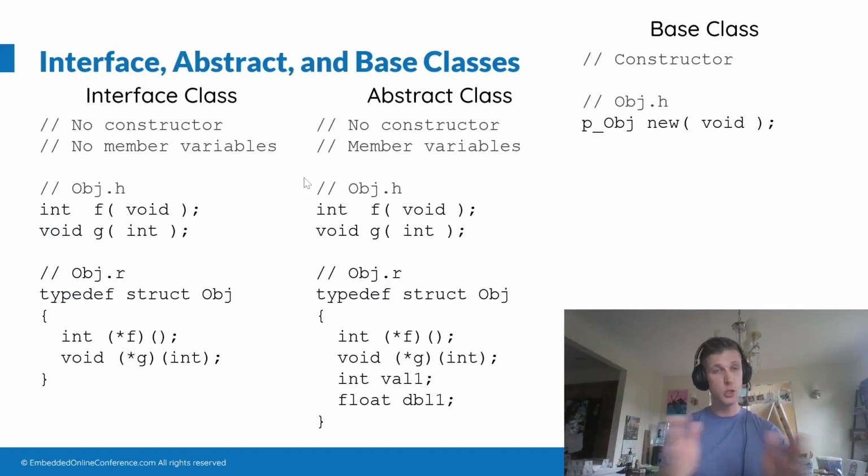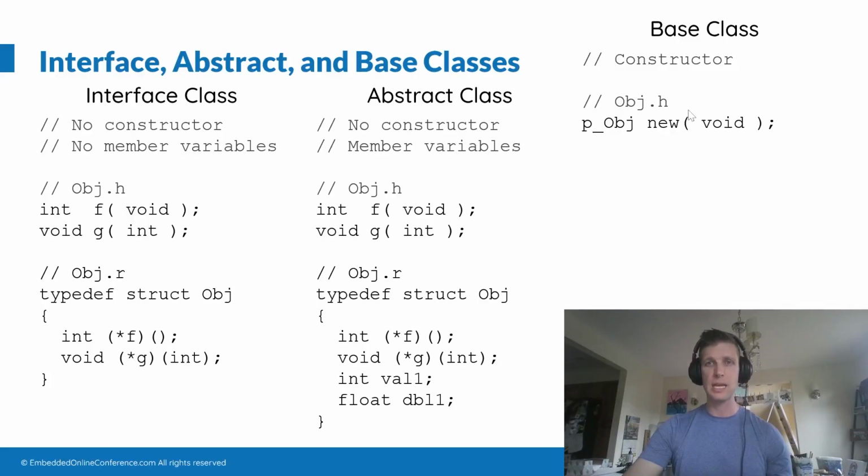In these cases, there is no official constructor for these objects. In an interface class, I just define the functions that are being overridden by my derived classes. In an abstract class, I'm doing that, and I'm also specifying some member variables that must be included in each derived class.